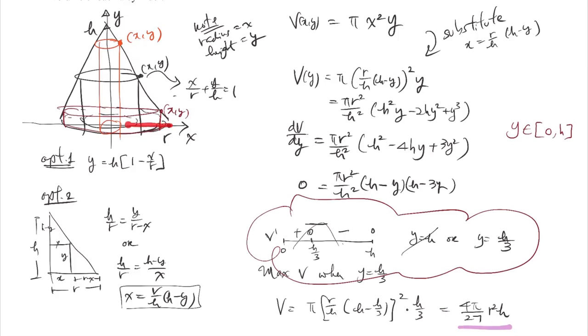If y value is 0, my x value is r. When you plug into the volume over here, it's 0, right? So my volume is 0 when my y value is 0. What if my y value is equal to h? When it's all the way up here, then my x value will be 0. My radius will be 0, which means that my volume will be 0 here.